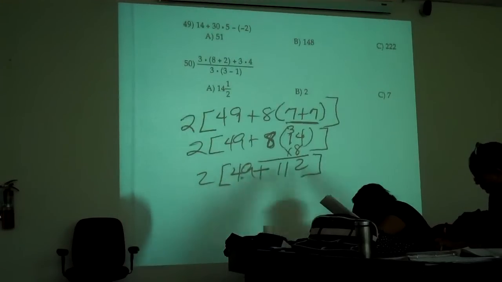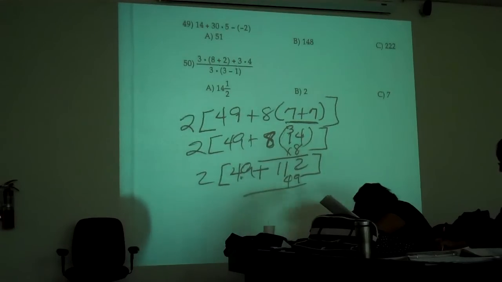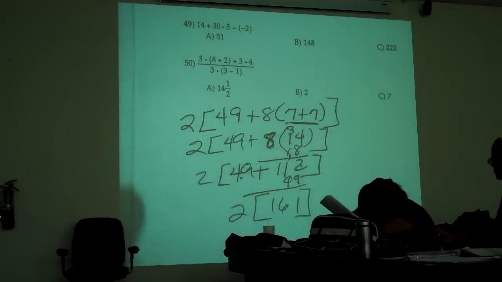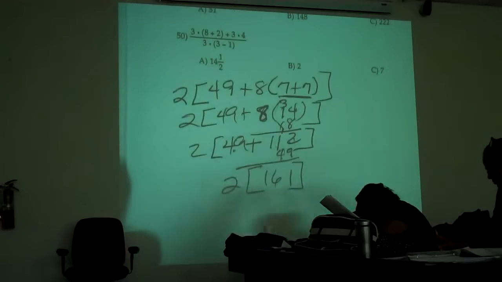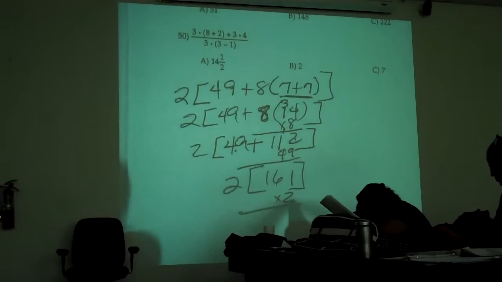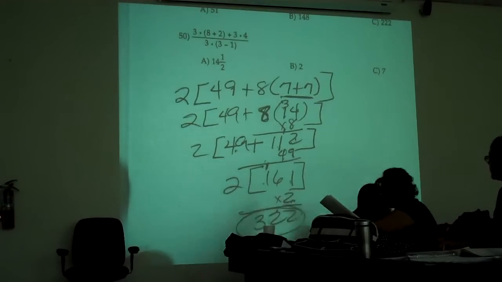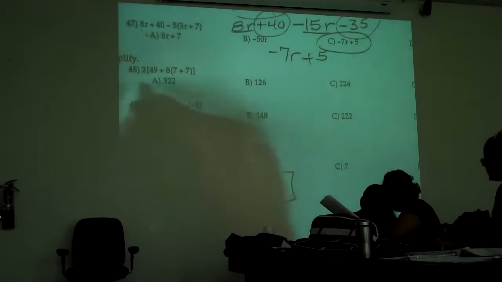Then do 49 plus 112, which is 161. And then multiply by the 2. So it's 322, which is actually one of the answers.